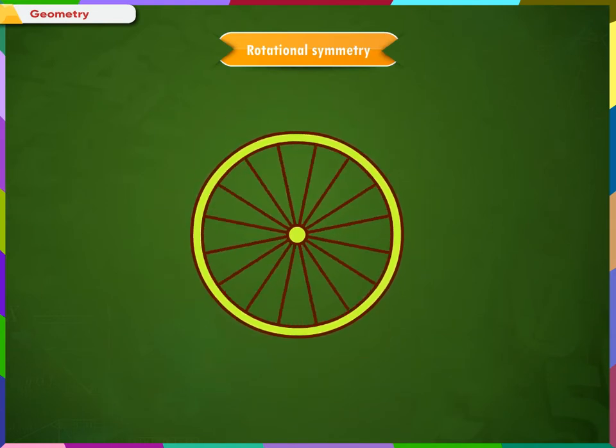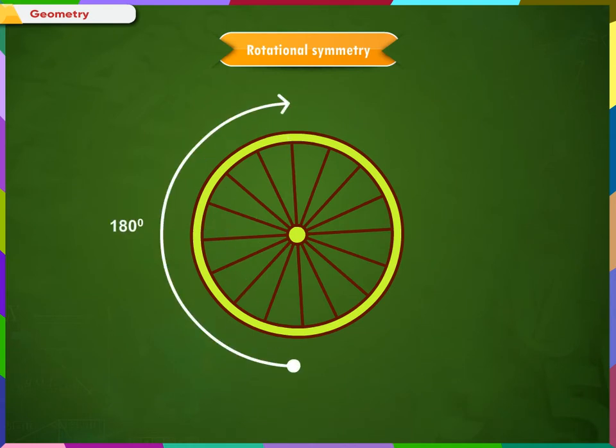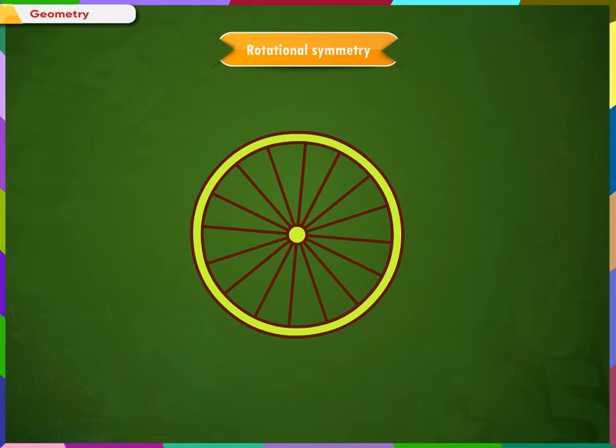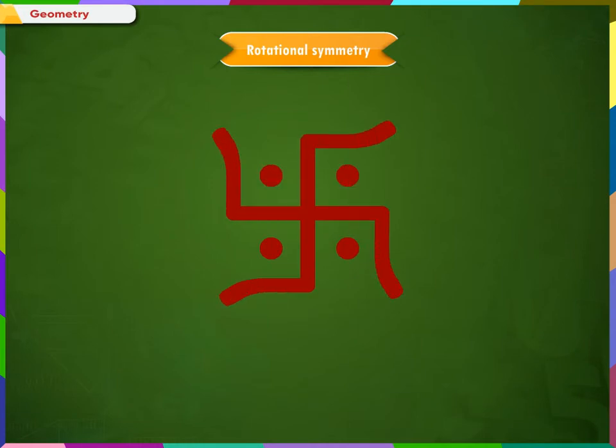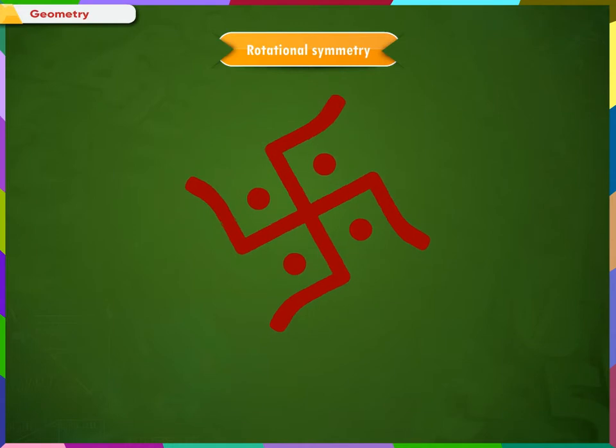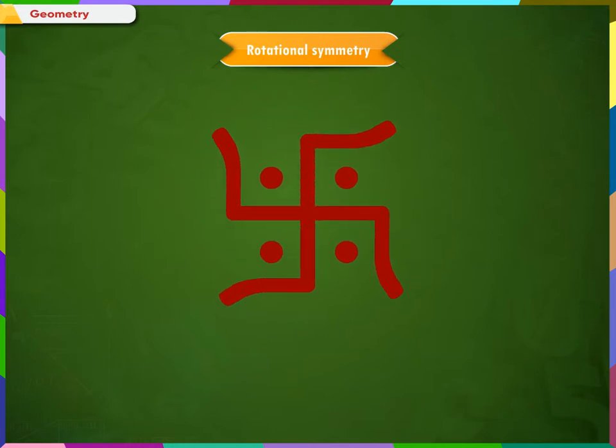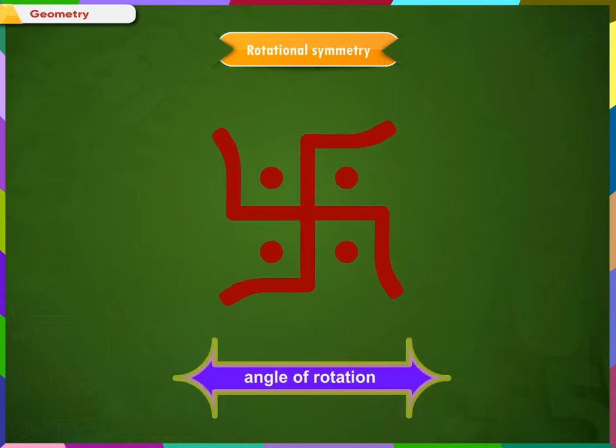A half turn refers to a rotation of 180 degrees. A quarter turn refers to a rotation of 90 degrees. The angle at which a shape or an object looks exactly the same during rotation is called the angle of rotation.